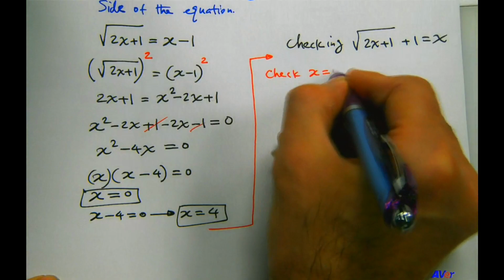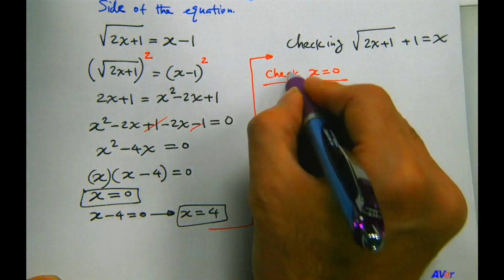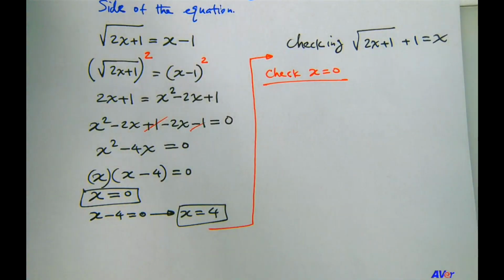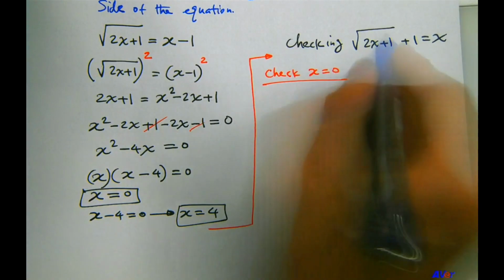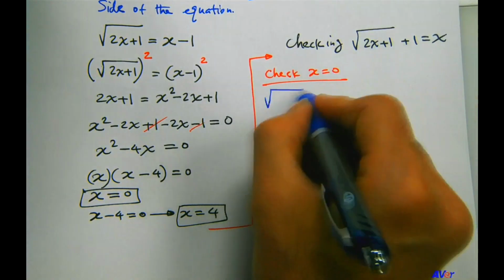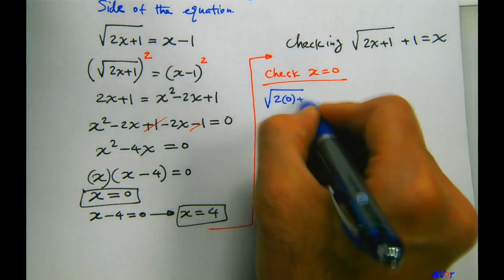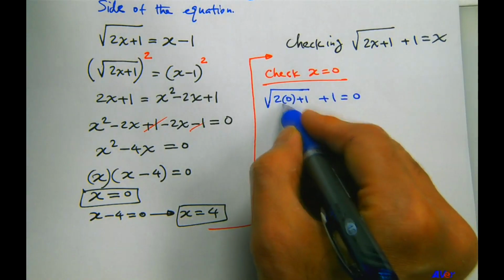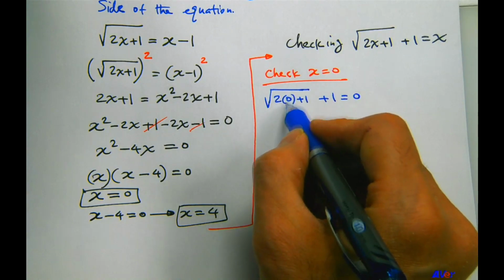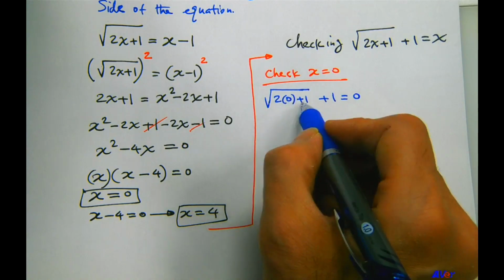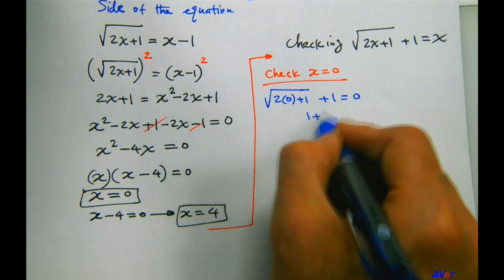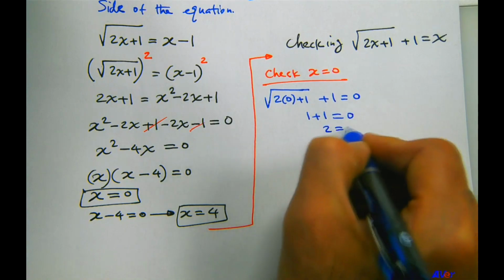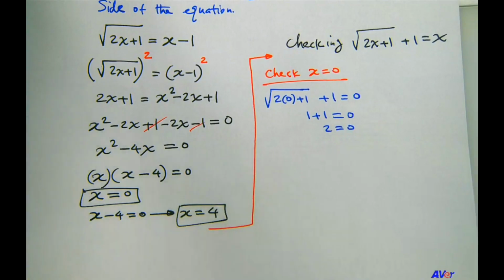So check x equals 0. Let's do that first. We're going to plug in 0 wherever you see x. So the square root of 2 times 0 plus 1 equals 0, plus 1. This is the square root of 1, right, which is 1, plus 1 equals 0. 2 equals 0. Is that possible?